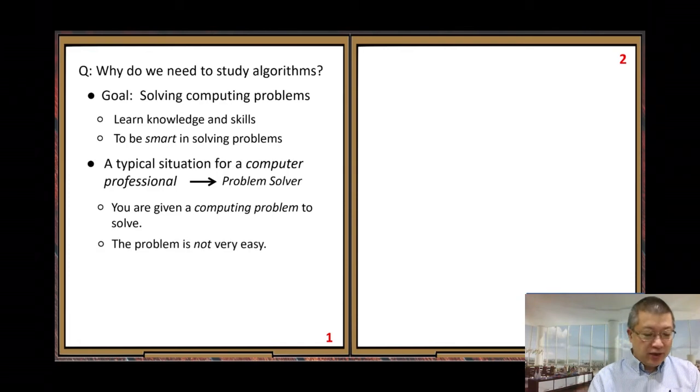Usually when a problem is not very easy, when the problem is challenging, you really need some important factors to get it solved.